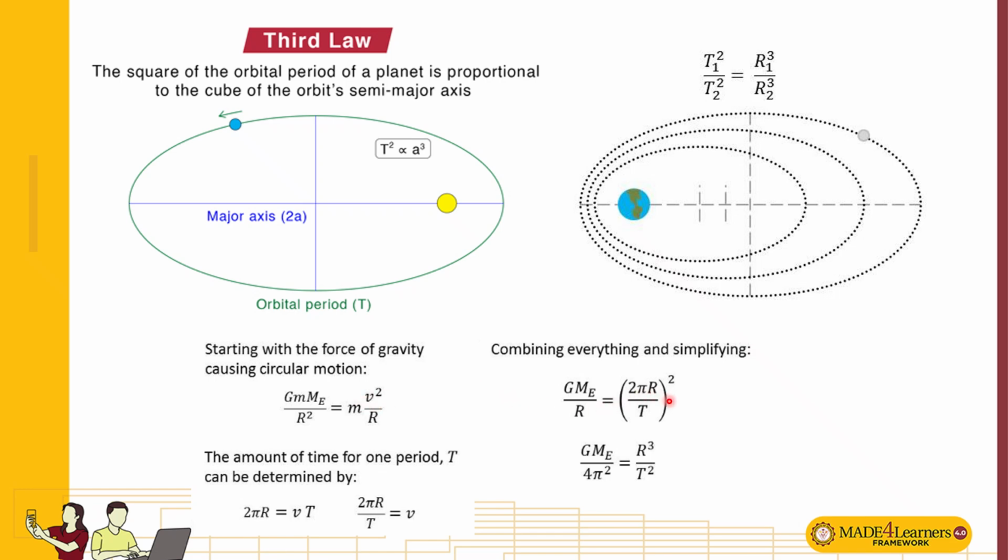So it would lead to this relationship between the mass of the Earth and the radius, the distance from the Earth to the satellite, for example, and inversely proportional to the orbital period.